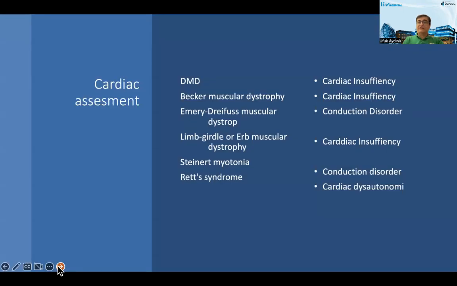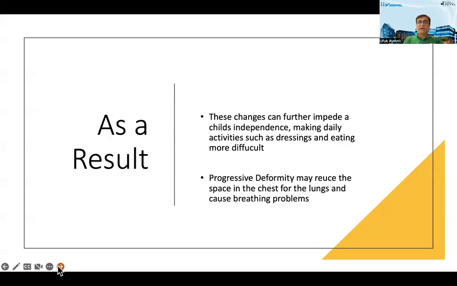The cardiac assessment is also very important, because when we decide to operate, the anesthesiologists, caregivers, and intensive care doctors should understand that some of these patients with specific diseases have either cardiac insufficiency or conduction disorder. So we have to diagnose these problems beforehand, and we have to take measurements during our treatment period.